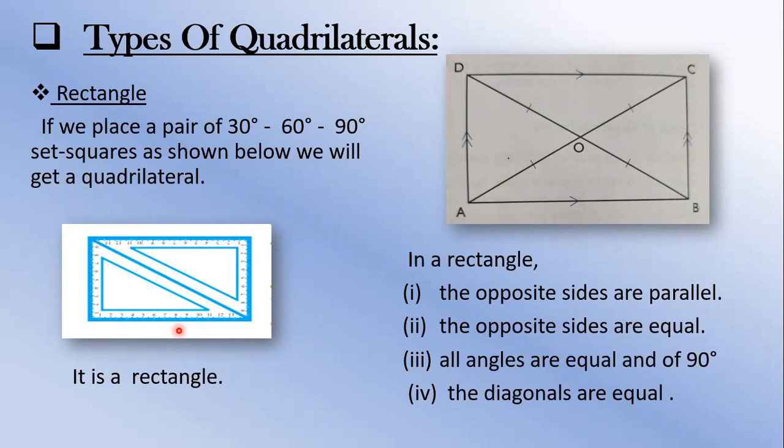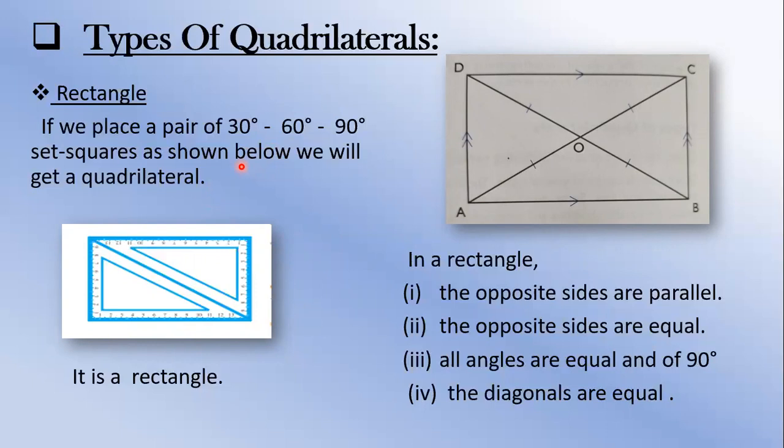First, a rectangle. If we place a pair of 30, 60, 90 set squares, we will get a figure like this. We will get a shape like this, and it is the shape of the rectangle. This is the figure given in your textbook, the rectangle made by placing set squares. Here we have used 30, 60, 90 set squares, and you know there are 2 set squares in your geometry box.